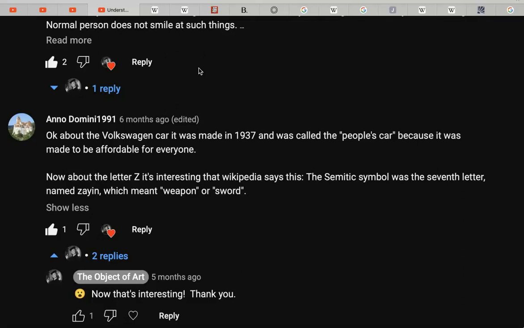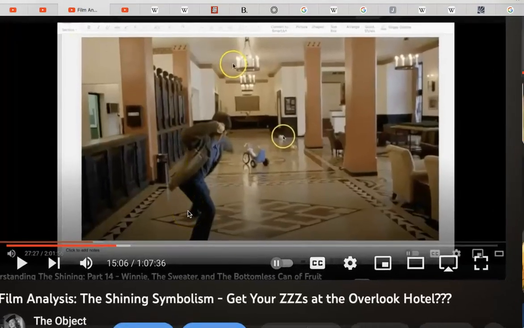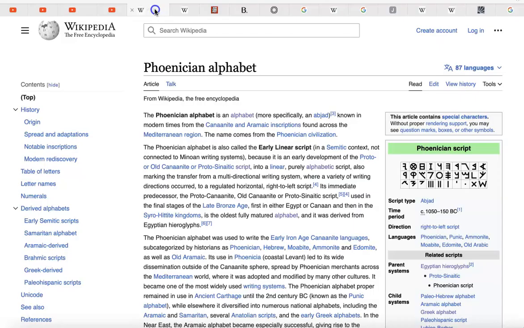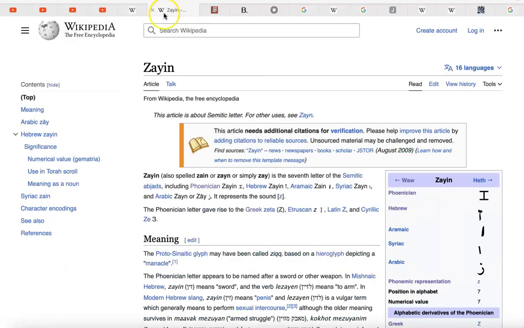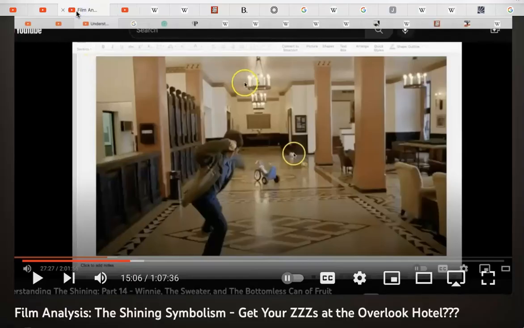And like I said, oh my God, I'm going to go back and forth and go crazy. In this video, I used basically the same research I used to figure out the Z's on the tops of these columns. I used the Phoenician alphabet and, by extension, the Hebrew alphabet to figure out Jeffrey Epstein's porch around the temple on his island in the Caribbean.